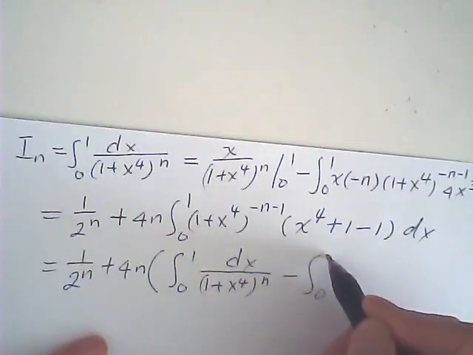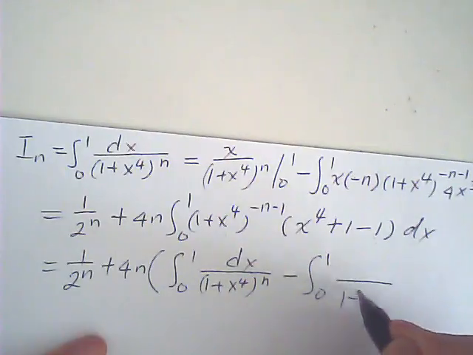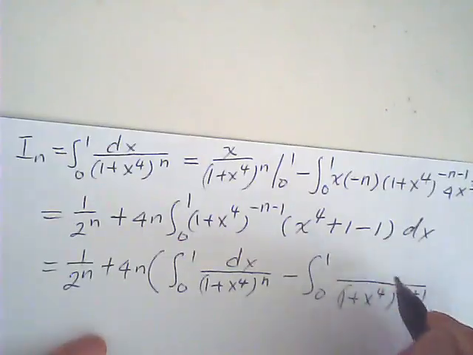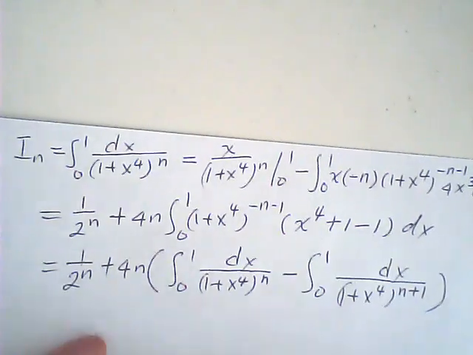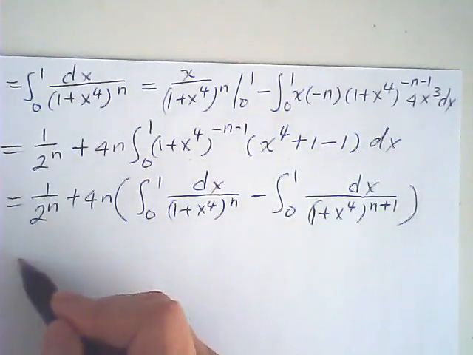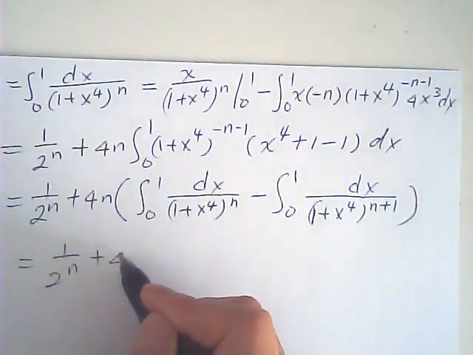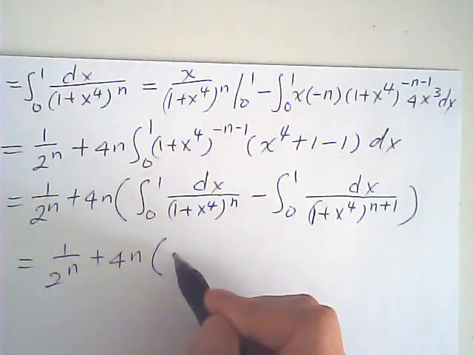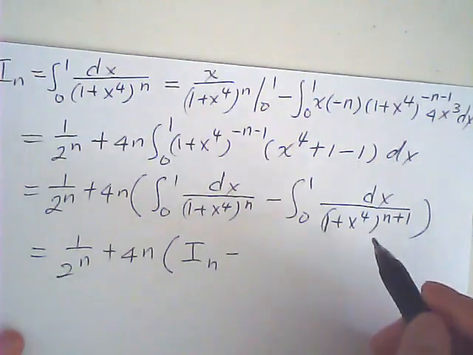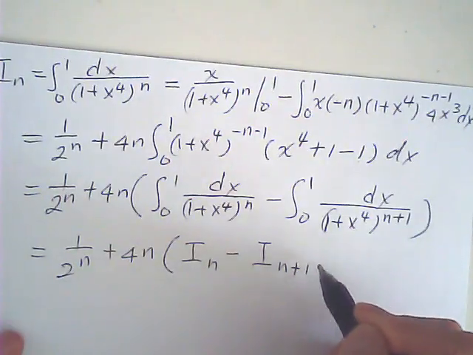Minus this one times this one is this, n plus 1, dx. So this one is equal to 1 over 2 to the n plus 4n. This is my I sub n. This one is my I sub n plus 1.